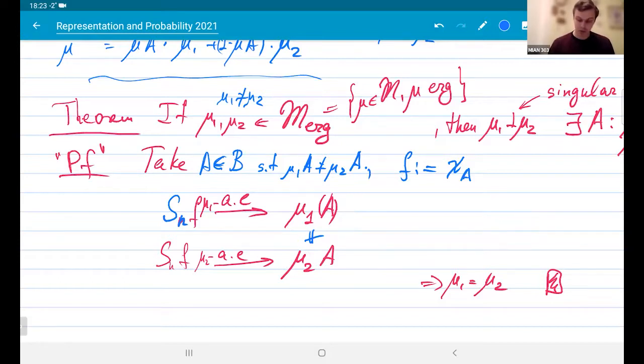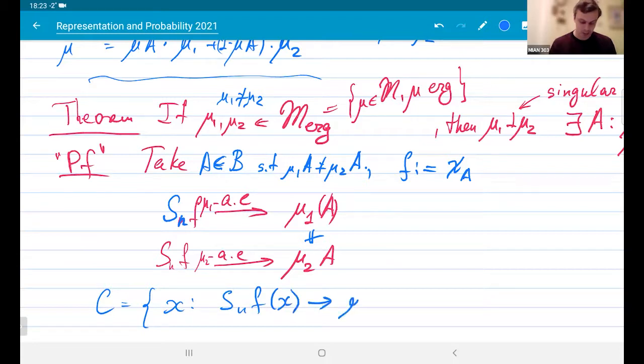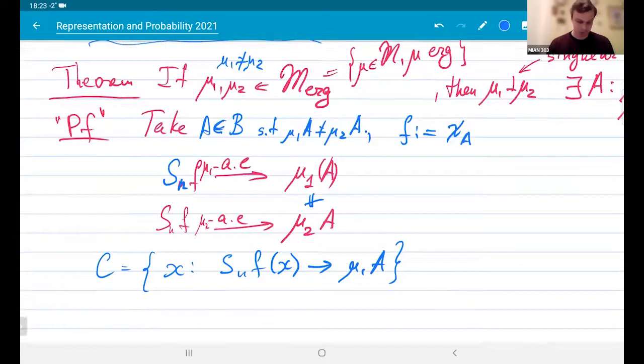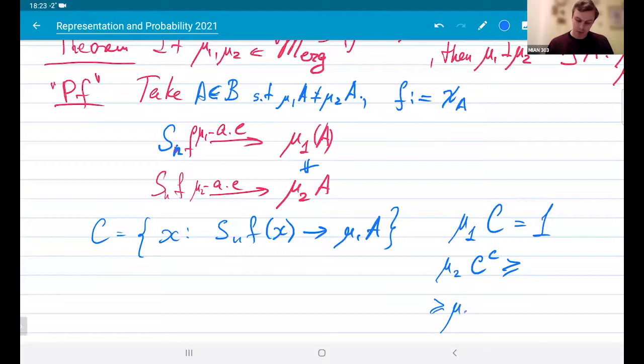So, for example, you can now say that if C is the set of all x such that Sn f of x goes to mu1 of A, then mu1 of C equals 1, because we know that this convergence takes place mu1 almost surely, and mu1 of the complement is larger than mu2 of the set of all x such that the convergence is to mu2 of A, which is 1.